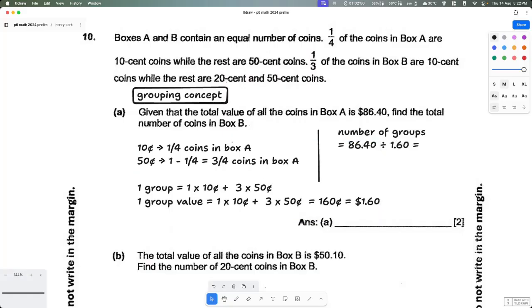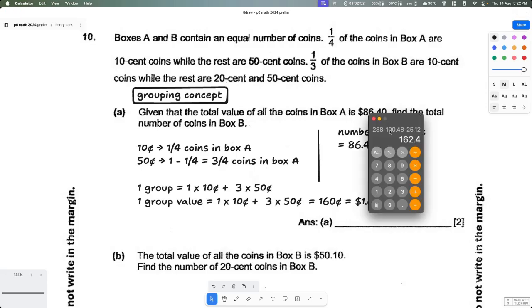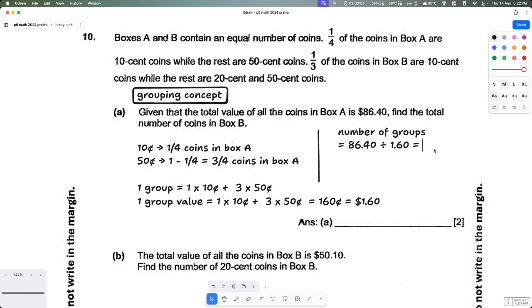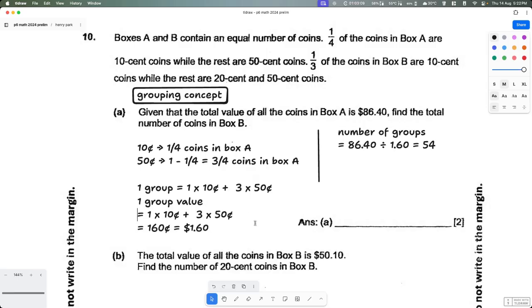Let's use the calculator. 86.4 divided by 1.6, this will give you 54 groups. Okay, so now one group is equal to 4 coins.